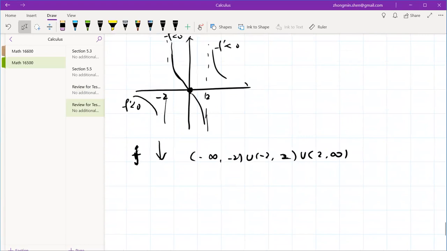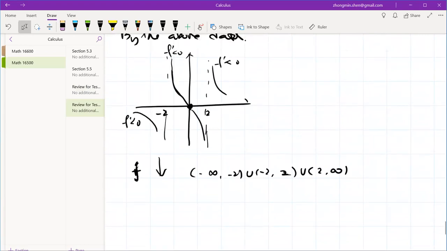I can also tell that the second derivative here is positive. Here the second derivative is negative. Here the second derivative is positive. Here the second derivative is negative.